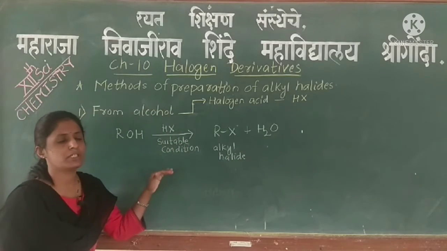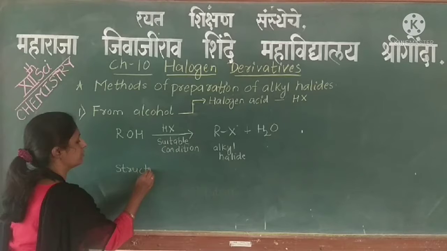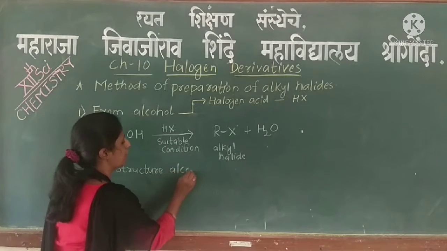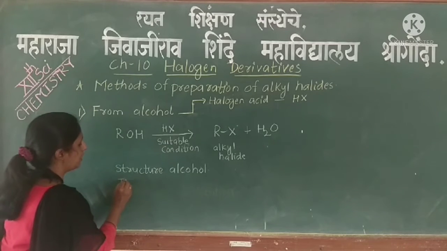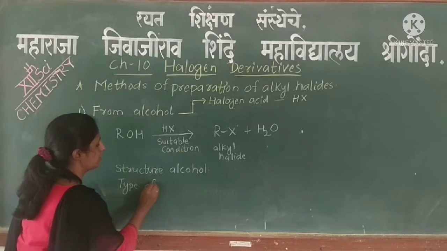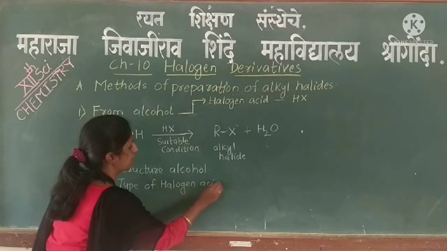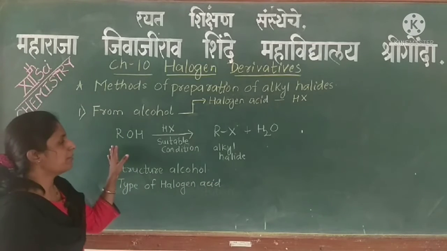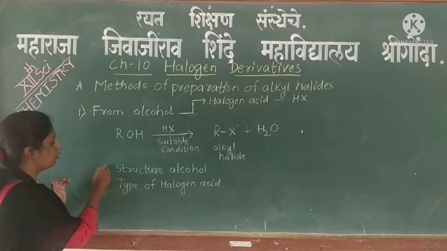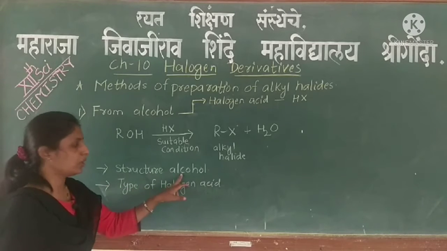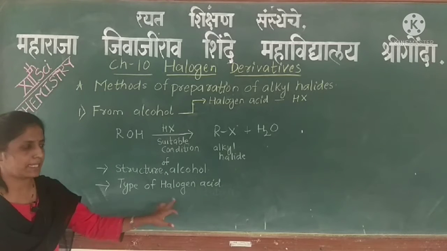Now these suitable conditions depend upon the structure of alcohol and on the type of halogen acid. So the conditions by which you can obtain alkyl halide from alcohol generally depend on 2 factors, that is the structure of alcohol and the type of halogen acid.